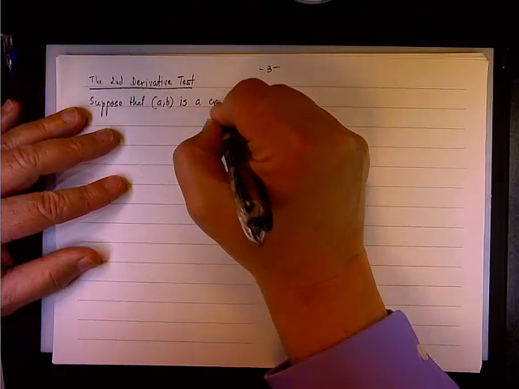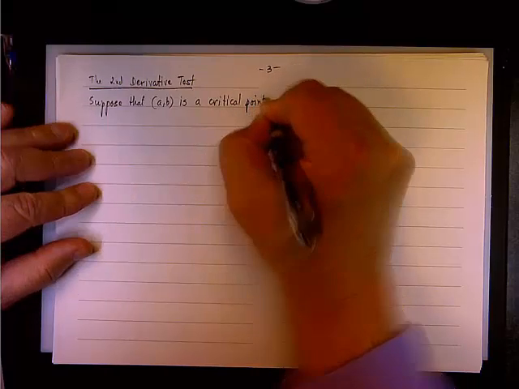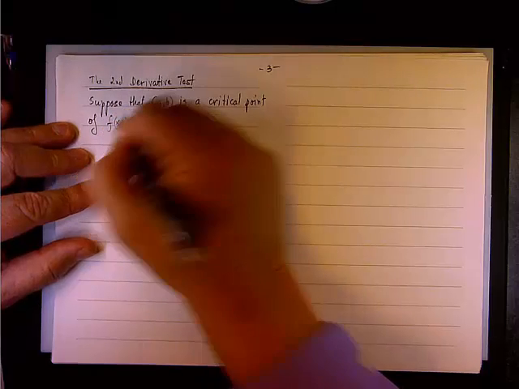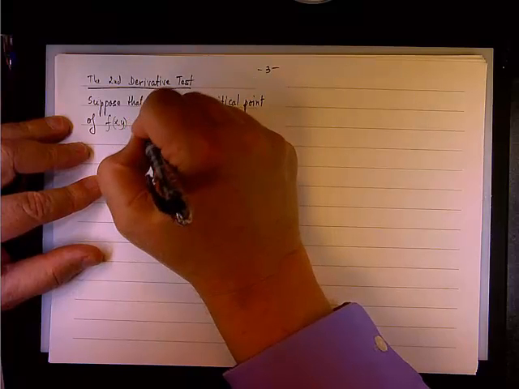So we're going to say that suppose the point (a, b) is a critical point of a function f of x, y.